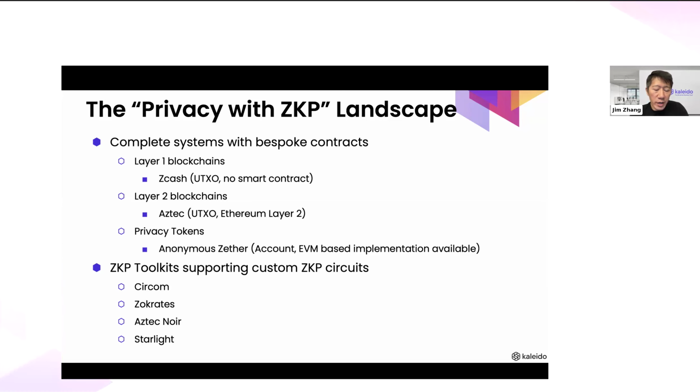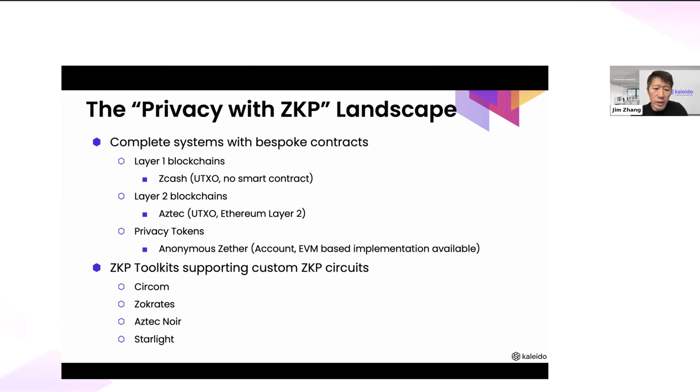A third category of privacy approaches with zero-knowledge proof is privacy token implementations. These are different from the other two in that they are implemented on the standard EVM protocol. It doesn't require designs and enhancements at the protocol level.